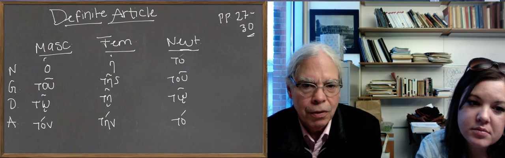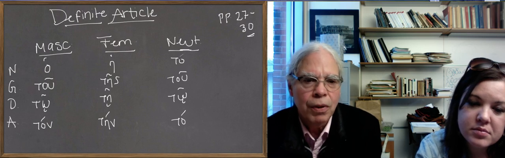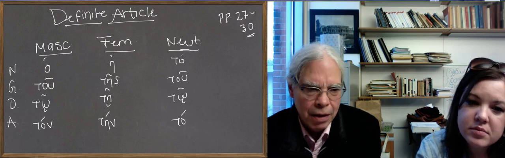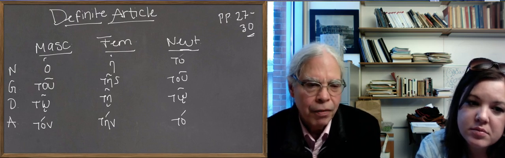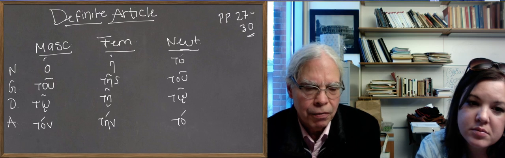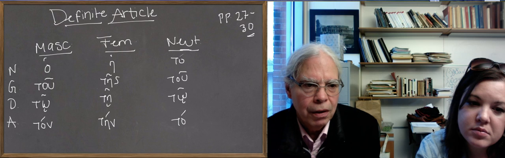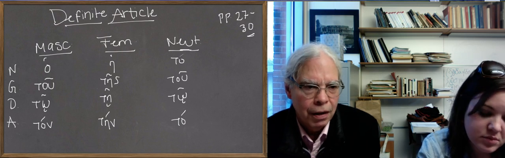All the others, the stem of the word begins with a T, okay? Outside of the nominative, the endings for the masculine form of the article are the same as those of logos: tou, to, and ton, okay?